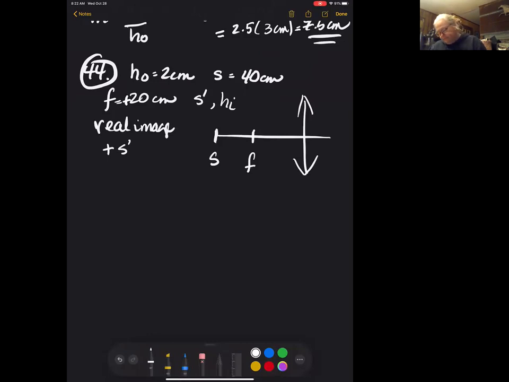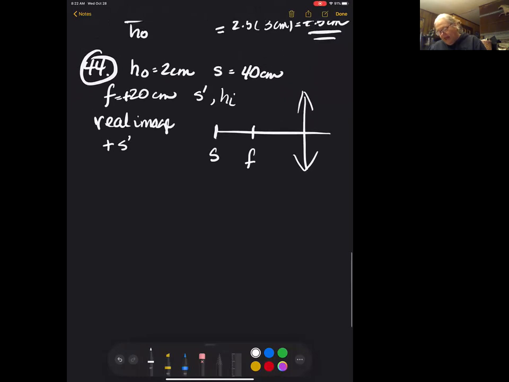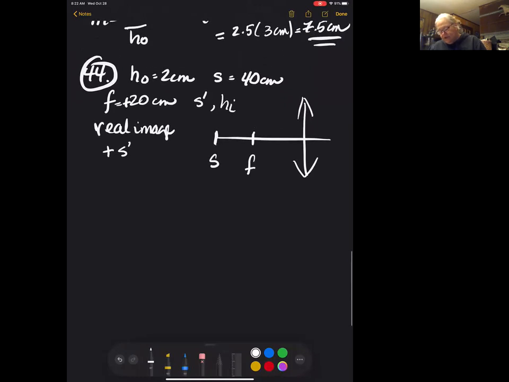The other thing that I notice is this object happens to be sitting at my radius of curvature because the S is 2 times the focal length, which is called the radius of curvature. So since it's a real image, it's going to be inverted, which means magnification is going to be negative.